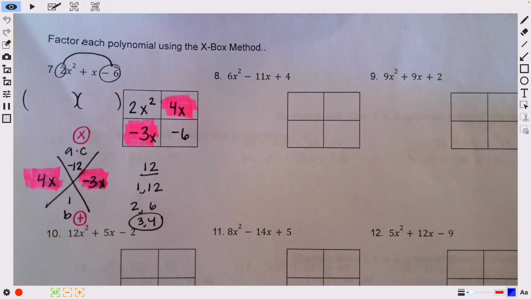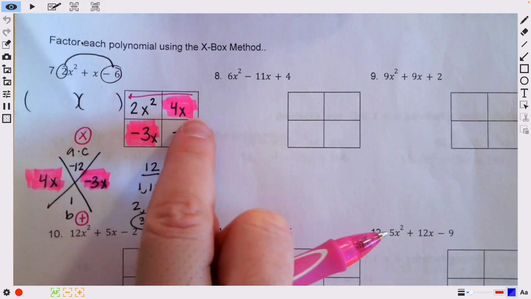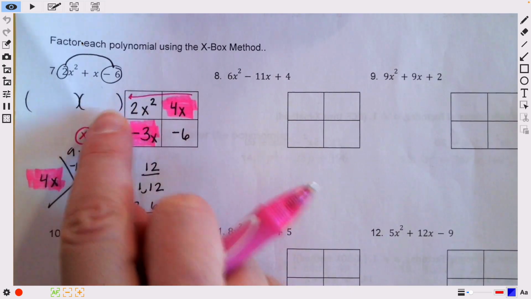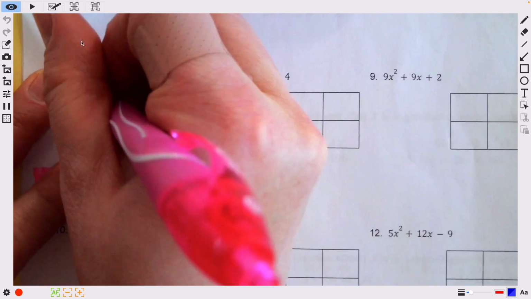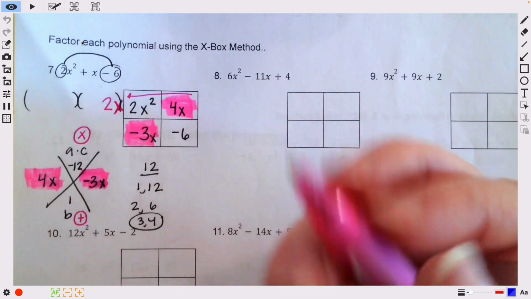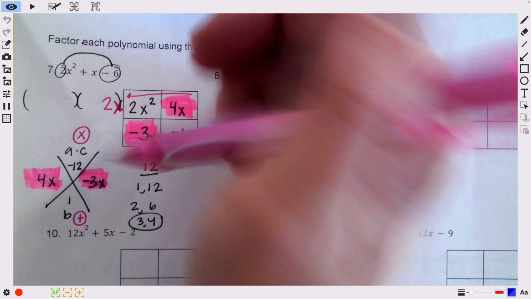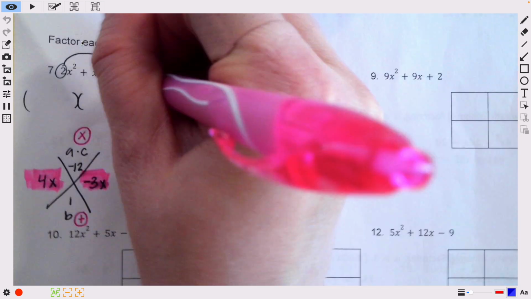Okay, then you start with a greatest common factor somewhere. Look at this. Greatest common factor of 2x squared and 4x. 2x. These first two boxes will always have an x. 2x times what gives you 2x squared? 1x, or just x.